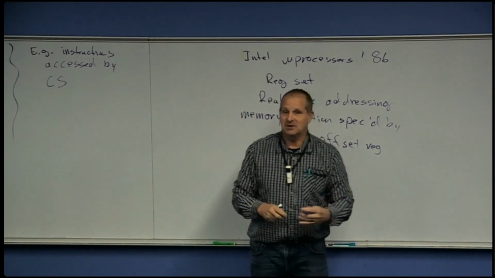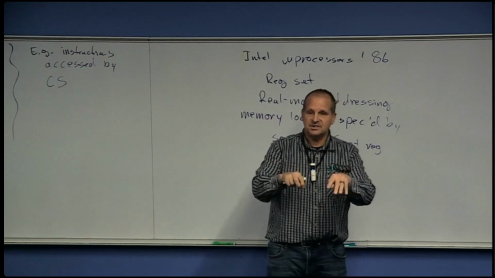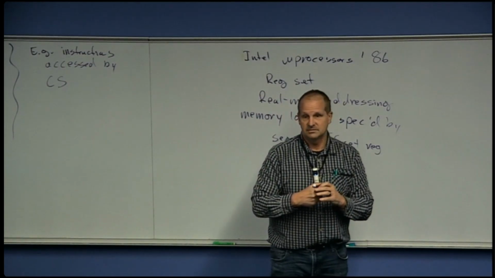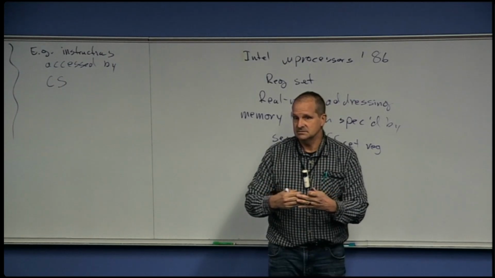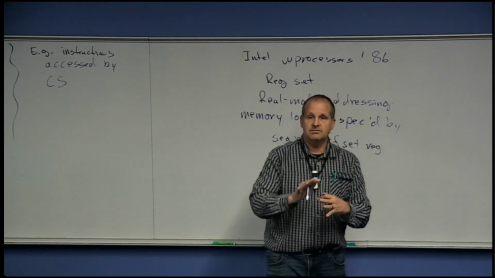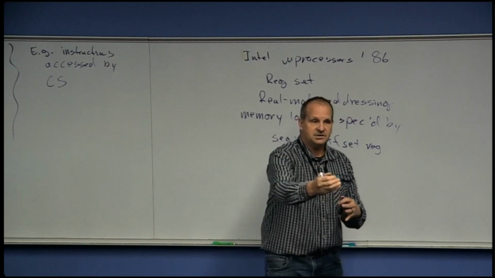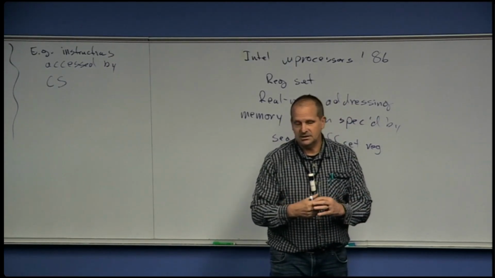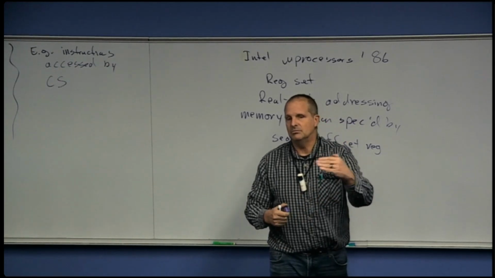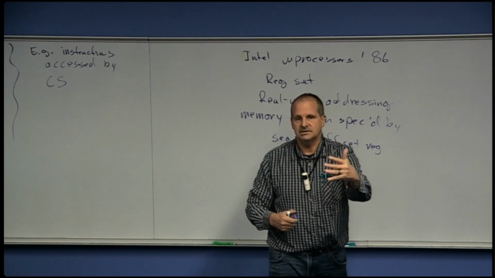Each house is the same size. Each house can store a byte. We can put stuff into the house, called writing. We can take stuff out of the house, called reading, and reading is not really removing, it's just seeing what's in the house.